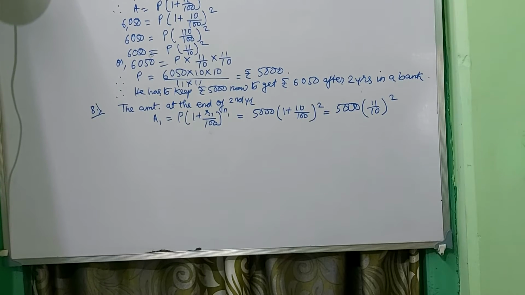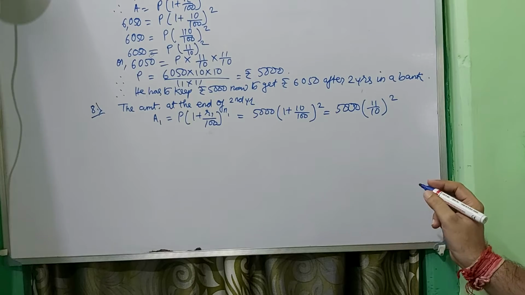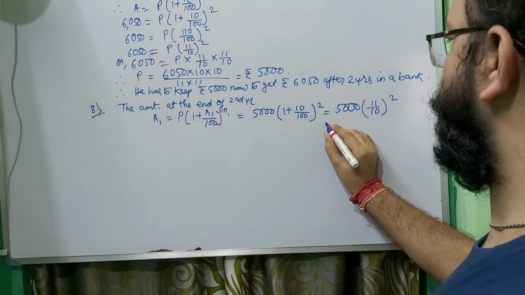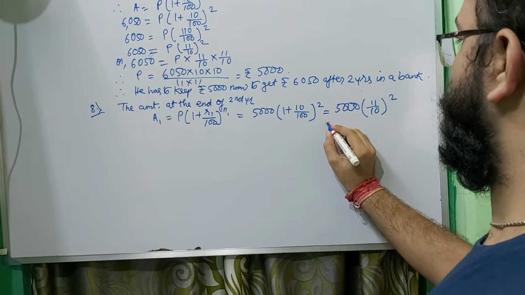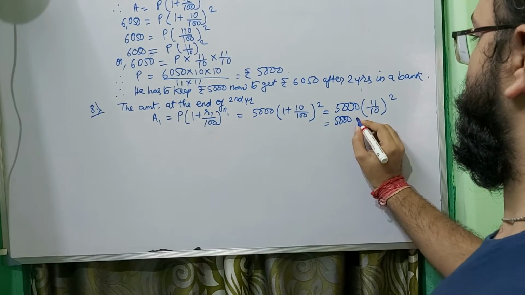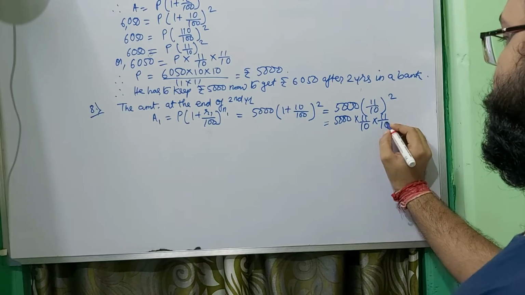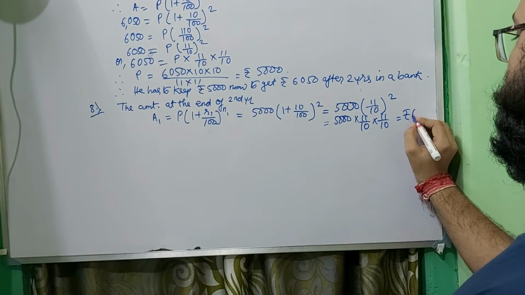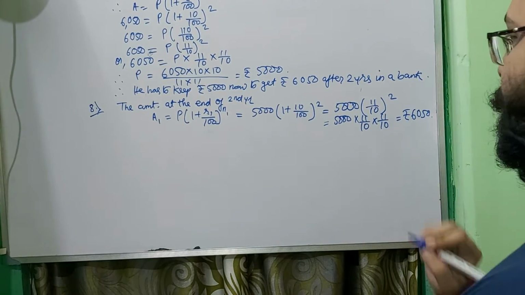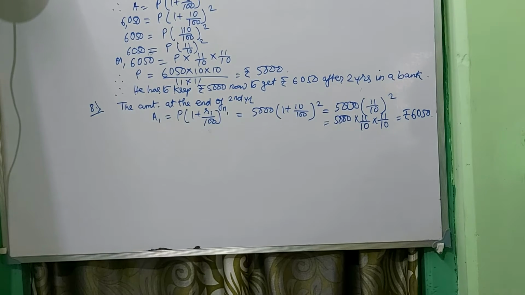Same, 11 by 10 whole square. If you calculate that, 5,000 into 11 by 10 into 11 by 10, you will get rupees 6050. Okay, this is the amount at the end of the second year.